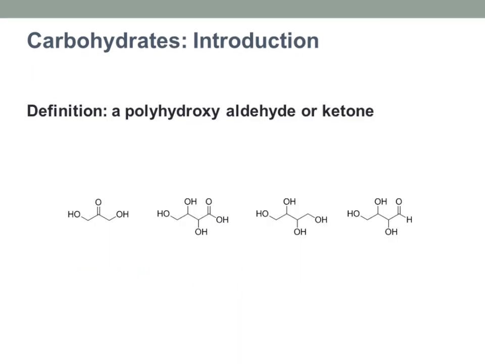Now, if we look at carbohydrates, the original word came from the idea of carbon, so carbo for carbon, and then hydrate as in water, because it was observed that a lot of these carbohydrates had a formula where you'd have one carbon for every one water molecule.